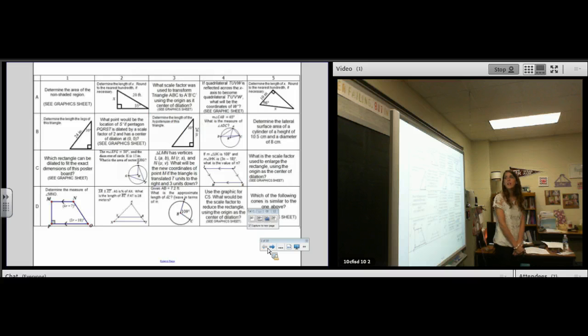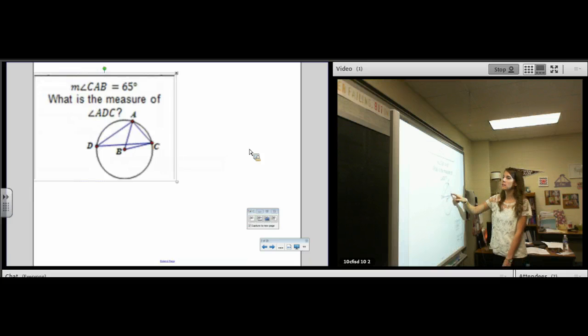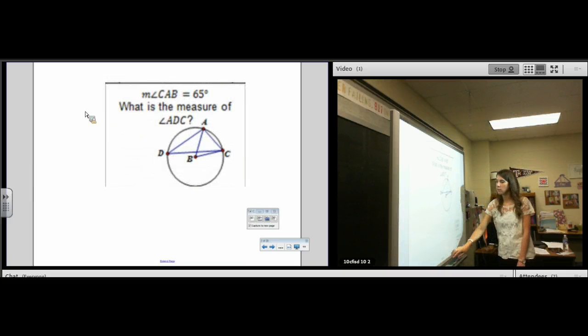What else? A lot of people ask me about B4. Let's go over that one. There might be better ways to work this, but here's the way I saw it. So this angle is 65.